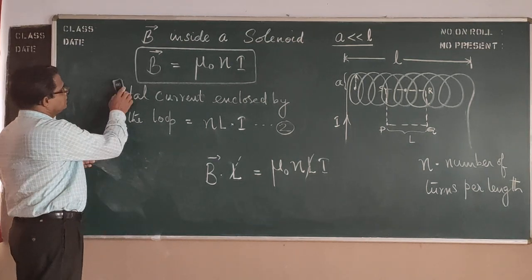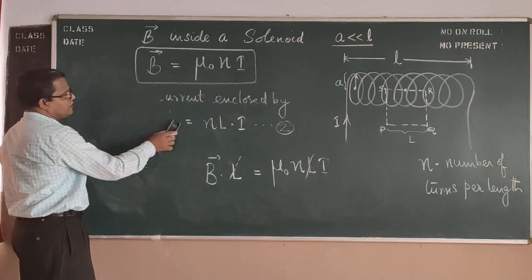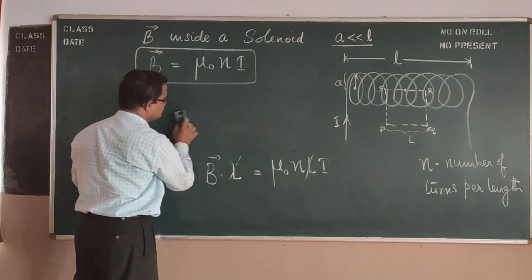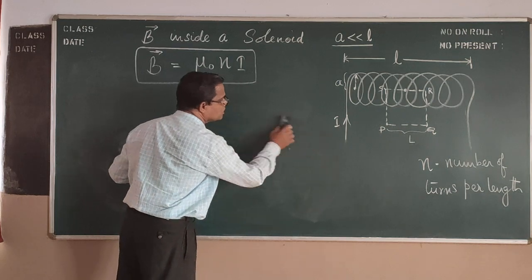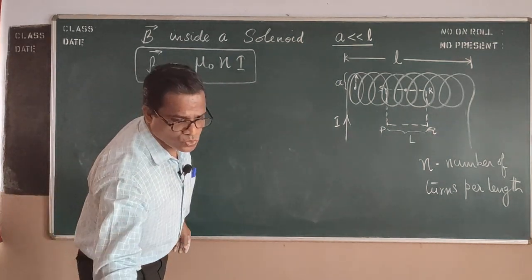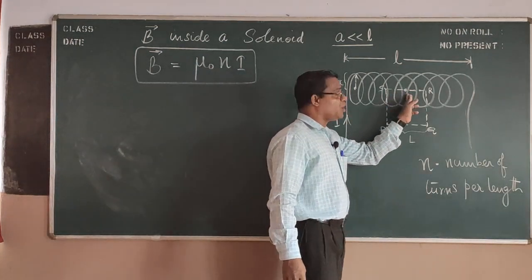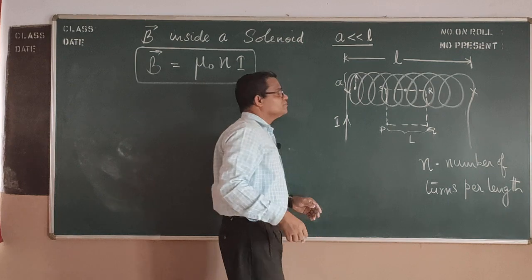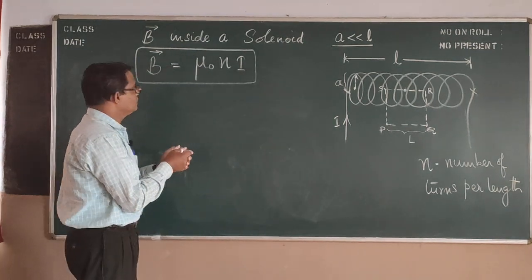Clear? Now, as we have taken the point well inside the solenoid, it's going to be uniform, and all that we understood. But there is one more result you have to learn by heart: what if this point is somewhere here or here? That means the magnetic field at one end of the solenoid.